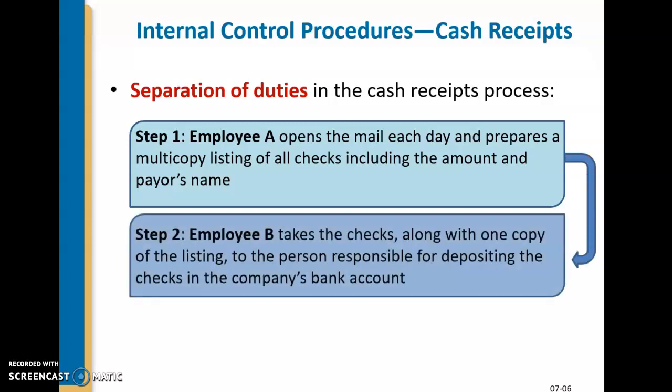Then Employee B takes the checks along with one copy of the listing to the person responsible for depositing the checks in the company's bank account.